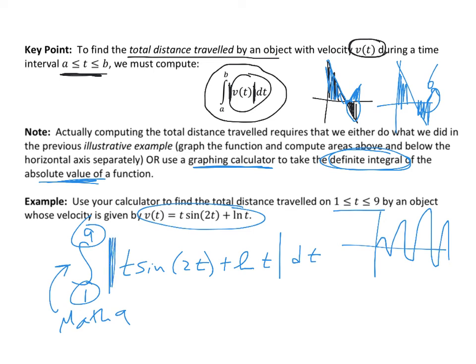Then we need these absolute value bars. To get those absolute value bars, you hit your math menu, which is over on the left underneath alpha. So we do the math menu, you go sideways to num, and then the first thing there is ABS. And if you pick ABS, it'll put in absolute value bars for you. Then you can just put in, I'm going to use x instead of t, x sine 2x plus natural log x. And then put your dx at the end.